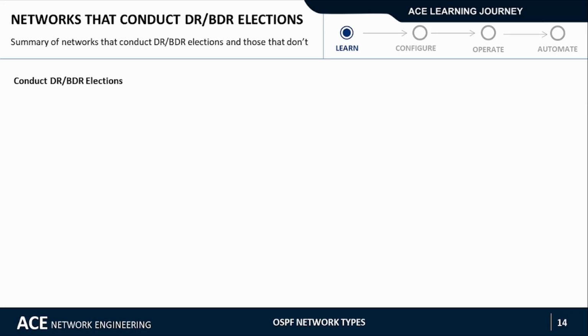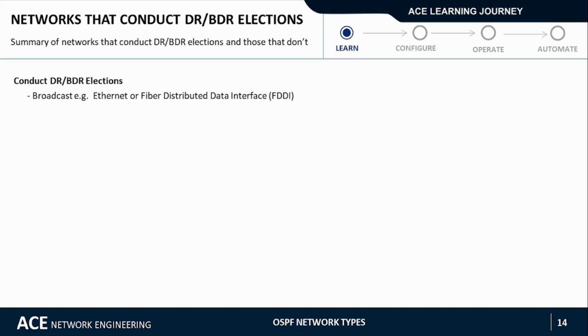So in summary, we'll see the networks that force DR and BDR elections to happen and others that do not. Broadcast networks like Ethernet and FDDI will always conduct a DR/BDR election. So you should know that and influence it, so that you don't leave it at default.